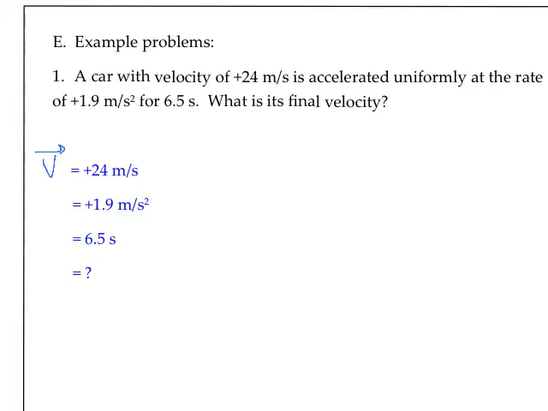We do know later that we are looking for a final velocity, so you can label this with the initial or with the not notation, whichever one you prefer. You can do the 0 or the i. And then our acceleration is positive 1.9 meters per second squared. And obviously seconds gives us a time, and we are looking for the final velocity.